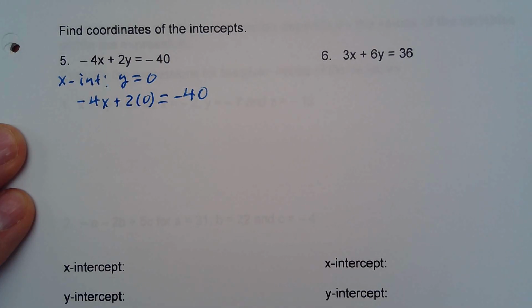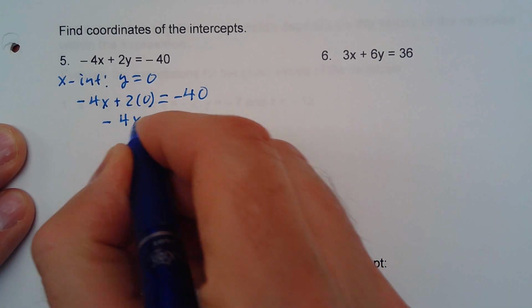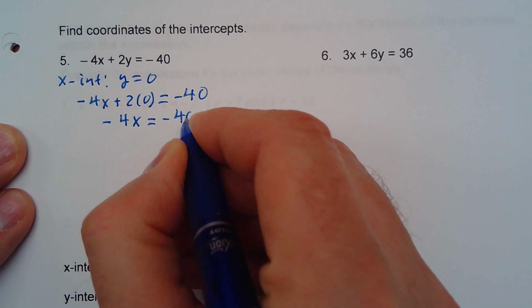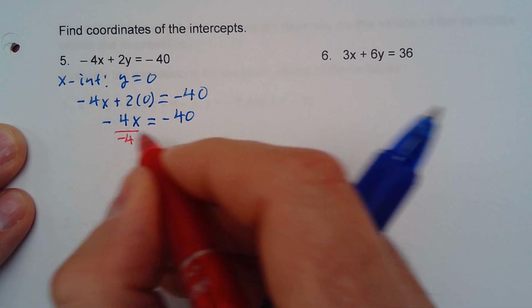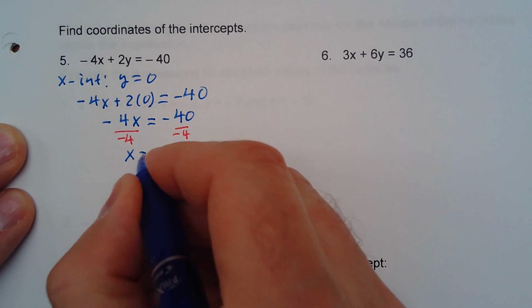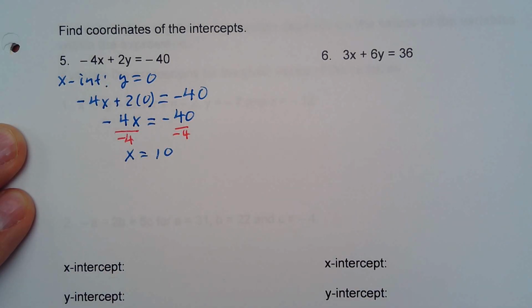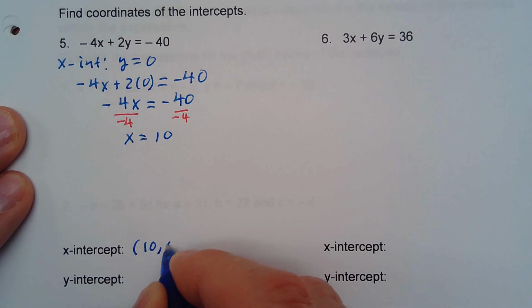That's just -4x equals negative 40. If I divide both sides by negative 4, that gives me x equals 10. So my x-intercept would be 10, 0.